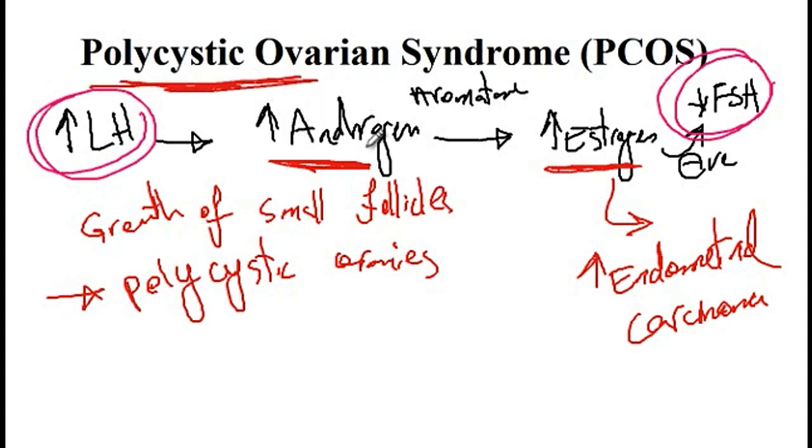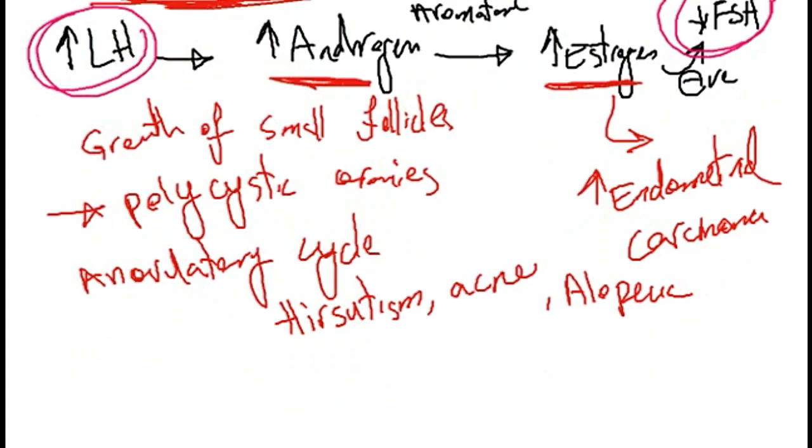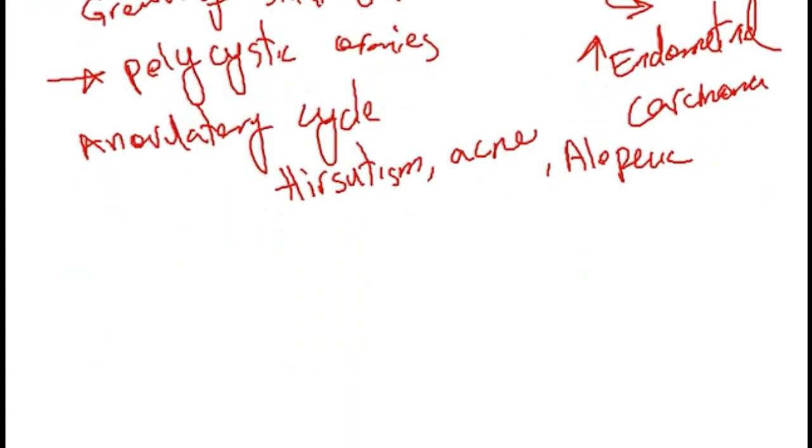In addition, due to the excess androgen production, these patients will have an anovulatory cycle, and thus they can be infertile or undergo amenorrhea. They can have hirsutism, acne, and alopecia.